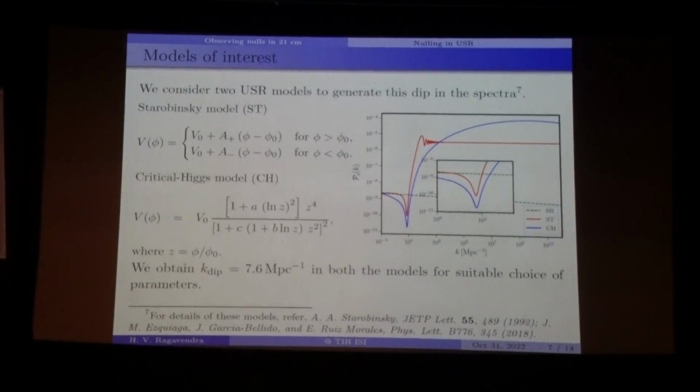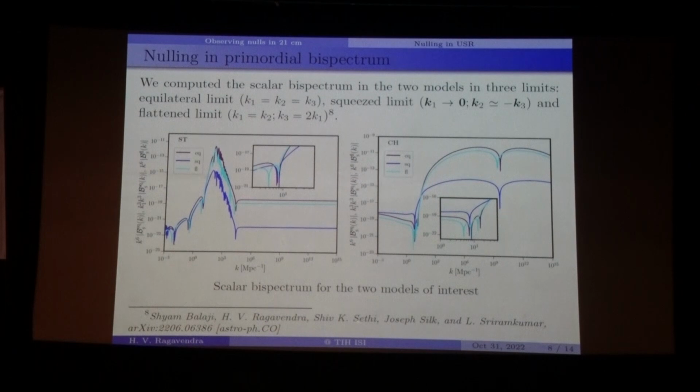Having this dip in the power spectrum, we can proceed to compute the corresponding signal in the 21 centimeter, but we also compute the corresponding signal at the level of the bispectrum. These are the 2 bispectra of the 2 models of interest. I have of course plotted them in certain limits, because the bispectrum involves 3 different wave numbers, and I have plotted them in equilateral, squeezed and flattened limits, which are popular limits that are well known in the literature. And you can see this bispectrum has multiple other dips as well.